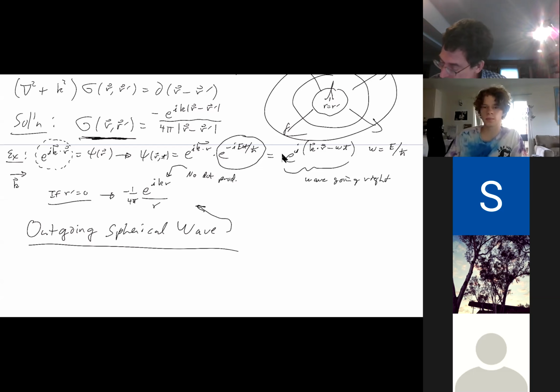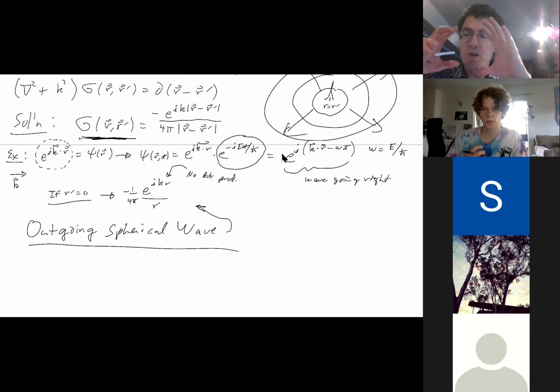Same physics. Professor, where did the 1 over r come from, though? Well, it's some math, and I can very quickly show you where it came from. Right now, we could solve a bunch of equations, but maybe you should think of it physically from a probability point of view.